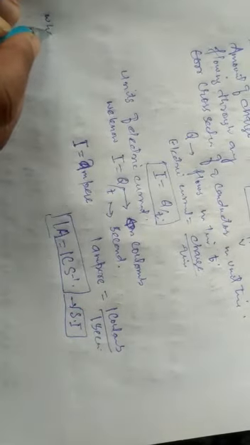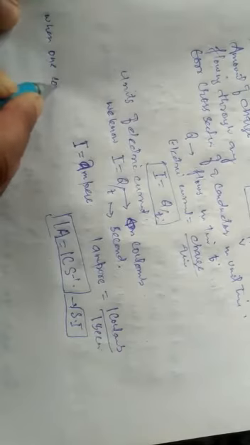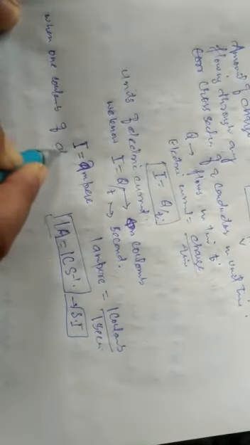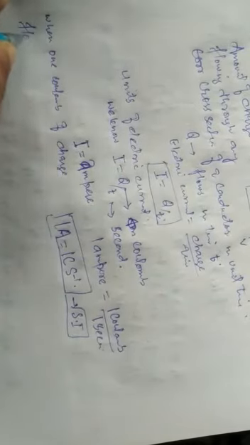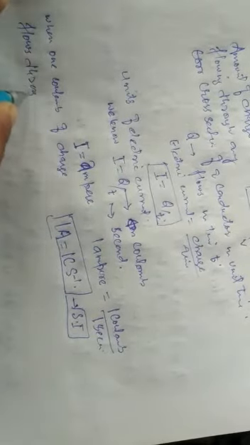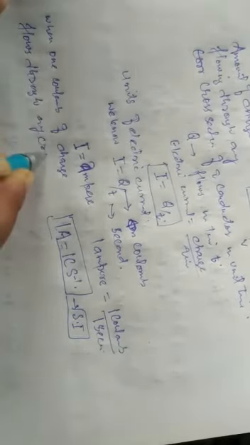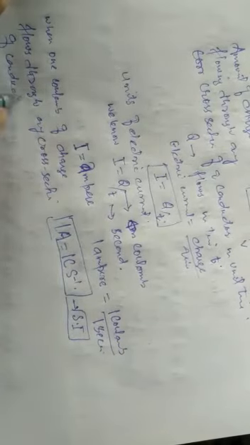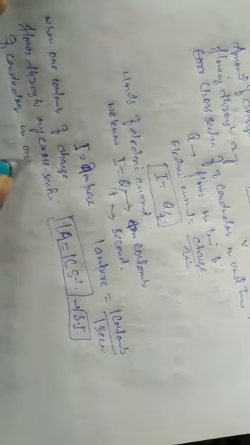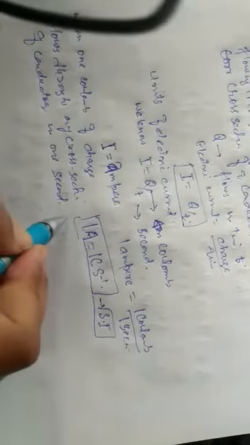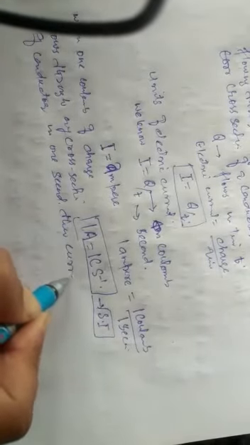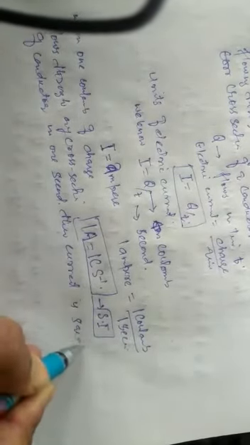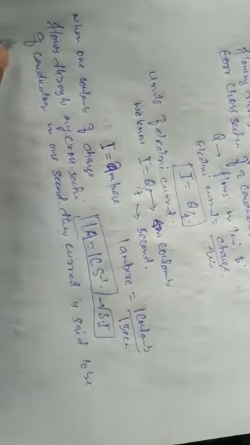When 1 coulomb of charge flows through any cross section of a conductor in 1 second, then the current is said to be 1 ampere.